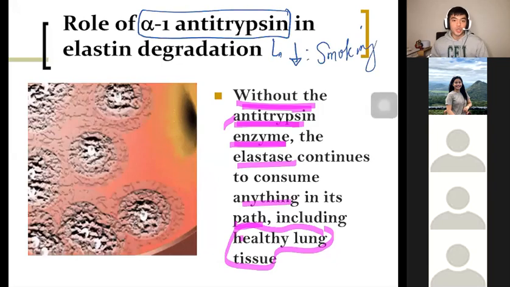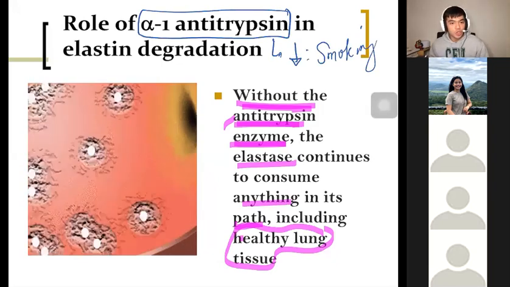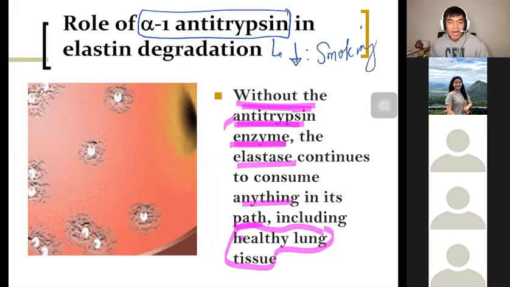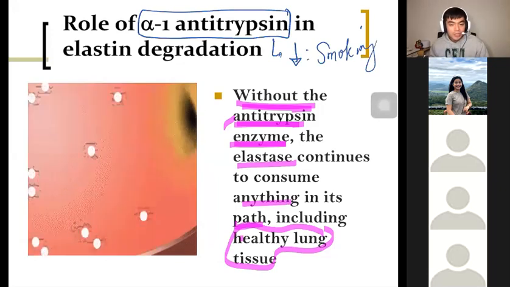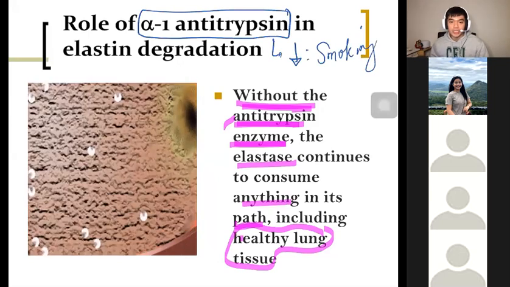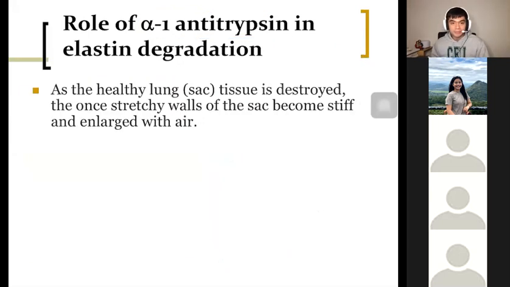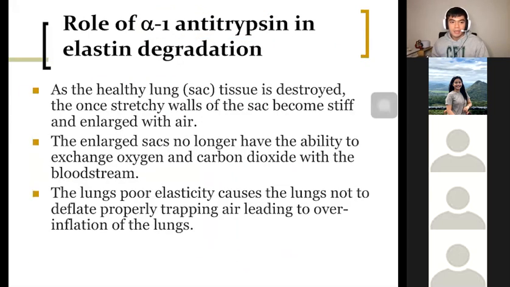Question, kapag nanigarilyo at bumaba ang antitrypsin, do you think elastase could potentially destroy the lungs? Can it potentially destroy the lungs? Yes or no? Yes. Kasi ang elastase, active pa rin sila. Wala nang antitrypsin eh. Kaya nasisira ang lungs.